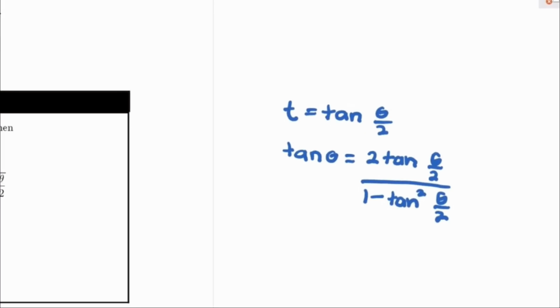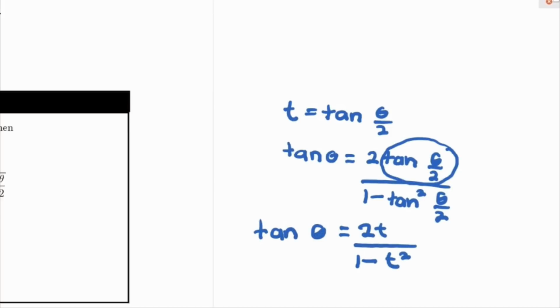Now you change that t equals tangent theta over 2, so we get 2t in the numerator, and the denominator is 1 minus t square. So this one is tangent theta.